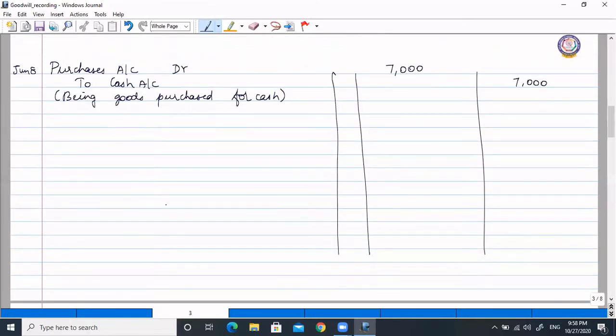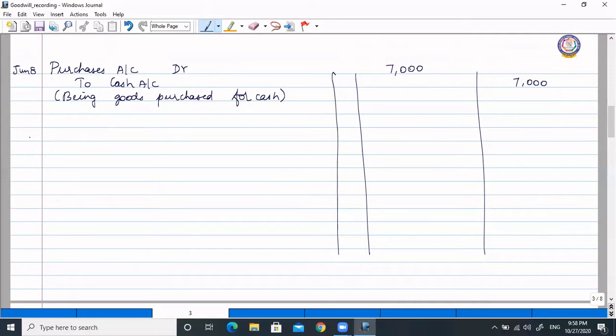So we have sold goods to Kailash, and this sales made is a credit sales as given in the question. Okay, so the accounts involved are the debtor account and sales account. Sales account belongs to revenue, so revenue increase has to be credited, and debtor is an asset, so this asset increase has to be debited.